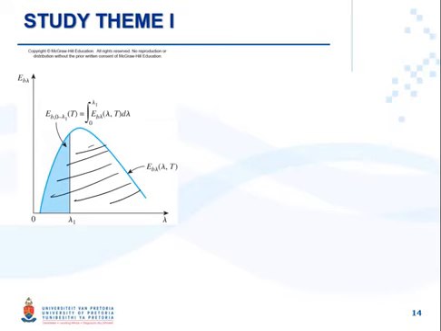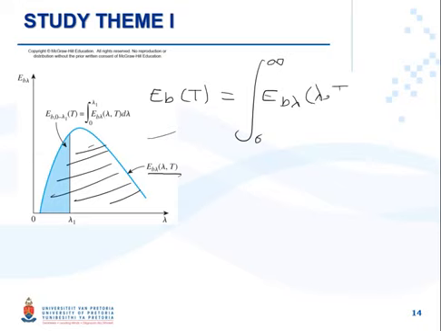So we have a spectral blackbody emissive power. If we integrate it for all the wavelengths, we will have E_b(T). Okay, so E_b(T) is equal to the integral over all wavelengths of E_b lambda,T d lambda. Do you agree with me? Okay, so now let's do this integral and see what we get at the end.